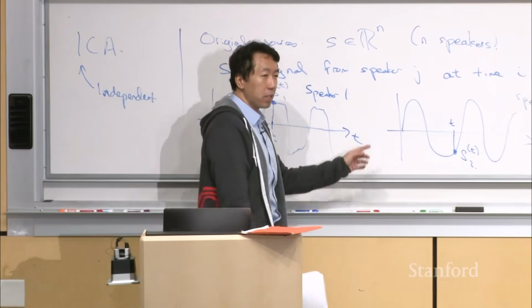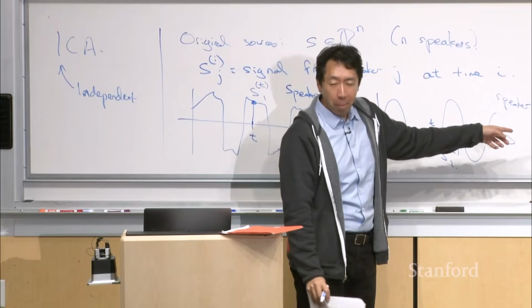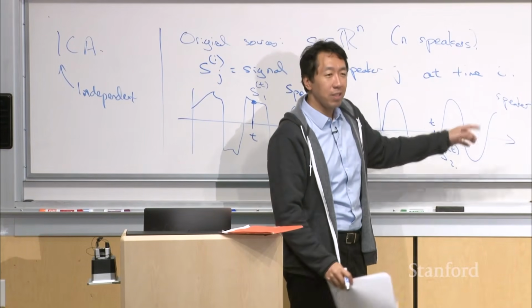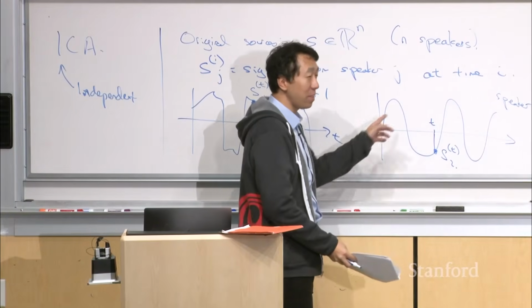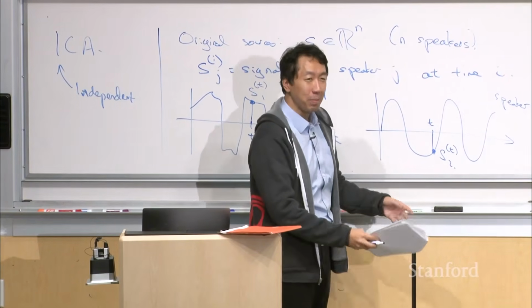Oh, and a perfect sine wave like this is what a tuning fork sounds like. It's like a pure tone, you know, ding. So I guess speaker 2 is not a very interesting speaker either.